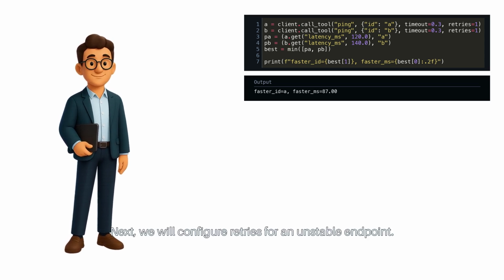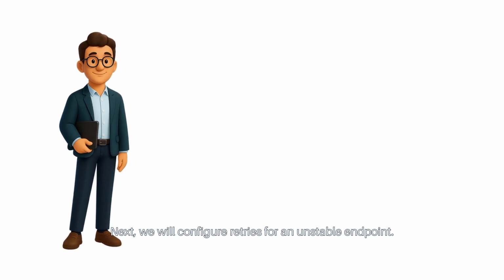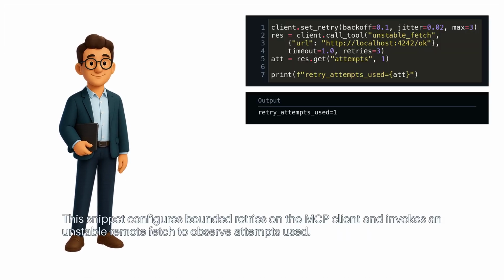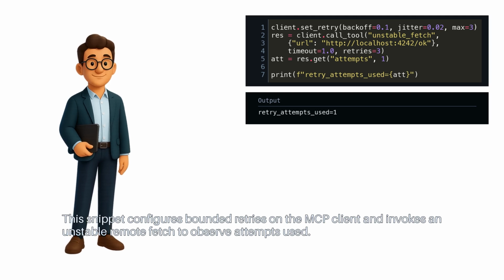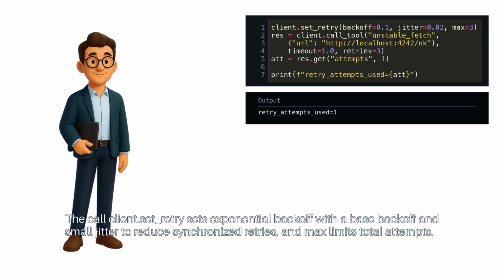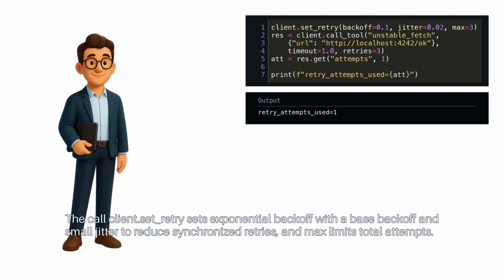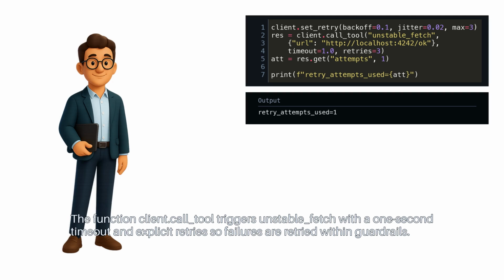Next, we will configure retries for an unstable endpoint. This snippet configures bounded retries on the MCP client and invokes an unstable remote fetch to observe attempts used. The call client.setRetry sets exponential backoff with a base backoff and small jitter to reduce synchronized retries, and max limits total attempts. The function client.call tool triggers unstable fetch with a 1-second timeout and explicit retries, so failures are retried within guardrails.